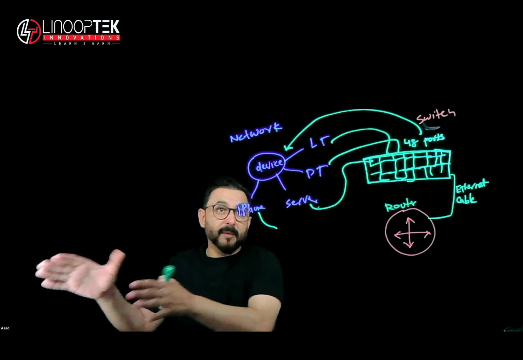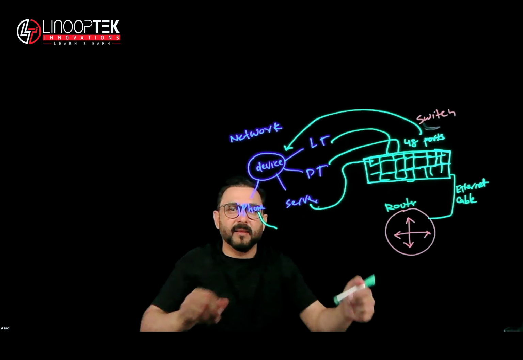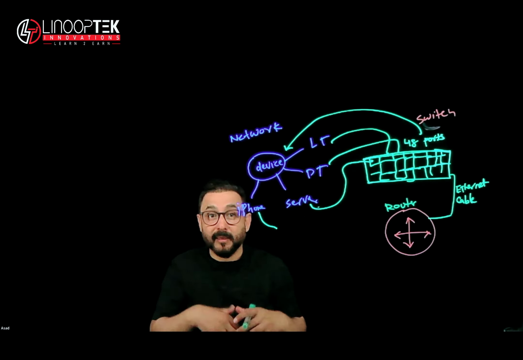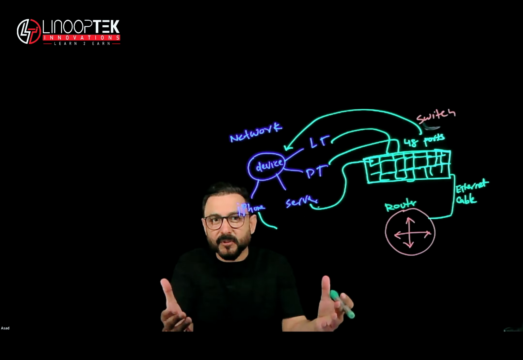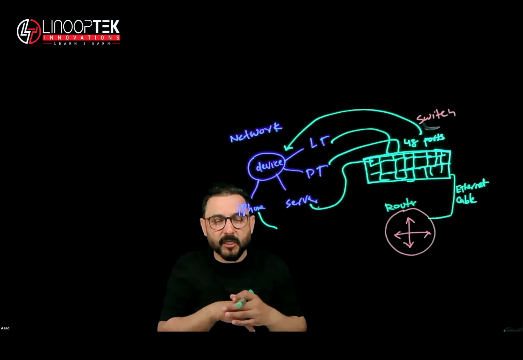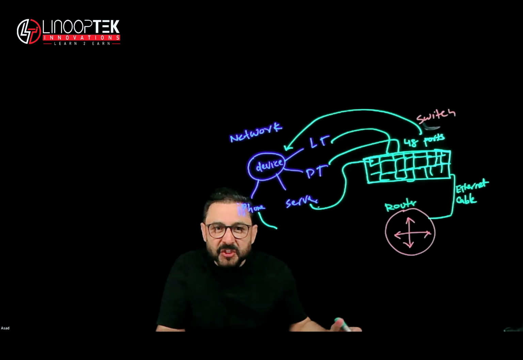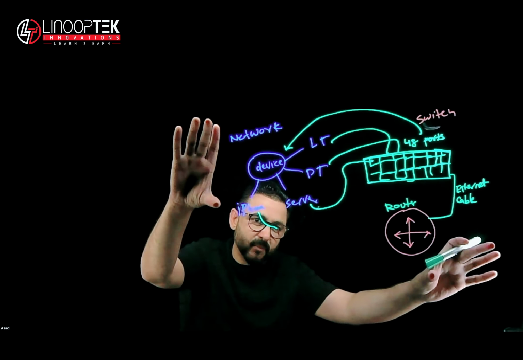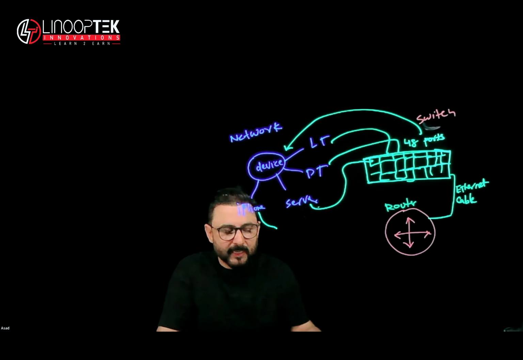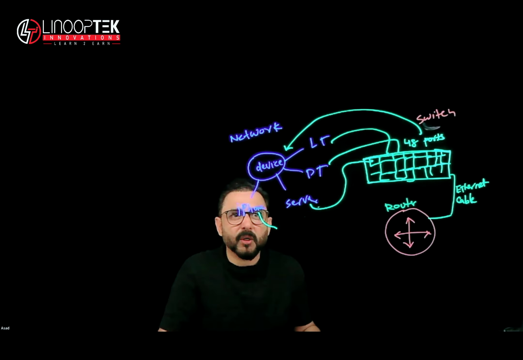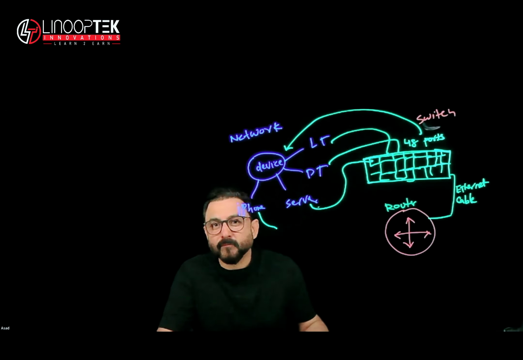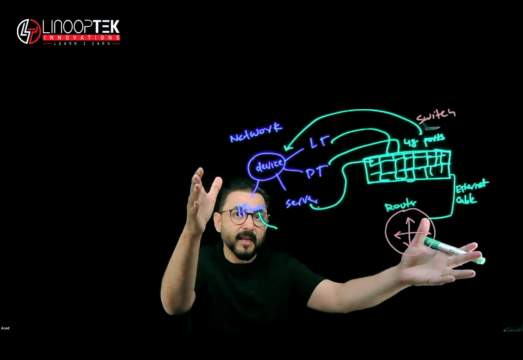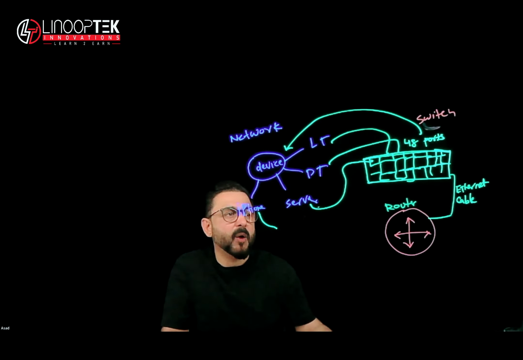DevOps is a separate domain, but I need to understand the workings of networking in order to be a good Linux engineer, good DevOps engineer, good cyber security engineer, good AI professional. I need to understand this framework. Even if you're a simple layman, an average person in life, you need to understand what networking is and how it works.